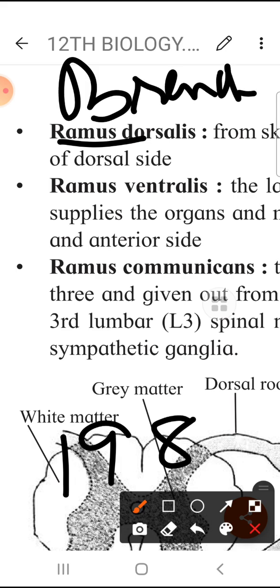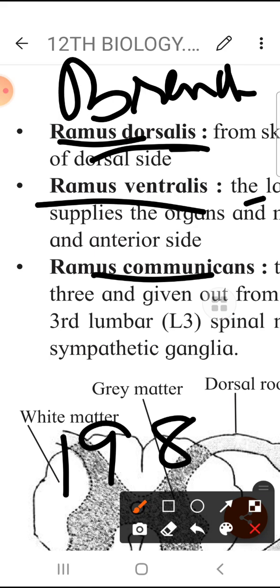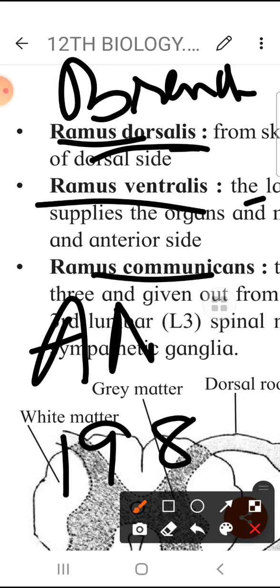So the branch that goes to the dorsal side, you call it ramus dorsalis. Then ramus ventralis, the branch that goes to the ventral side, is the largest and the longest one. Ramus communicans, which is the smallest, goes to the interior region and is responsible for connection to the efferent nervous system. We're going to learn that, or we remember it as the autonomic nervous system. Okay, you remember autonomic nervous system.